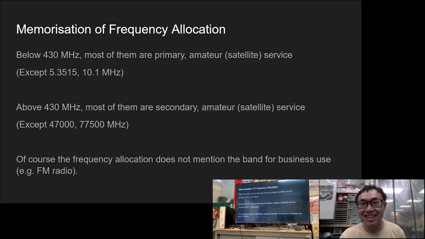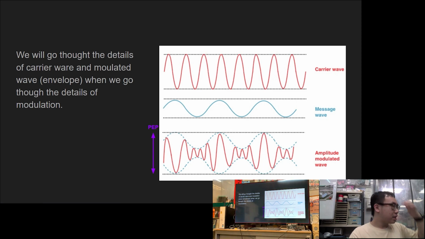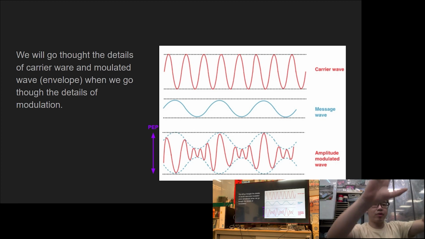What's the purpose of a carrier wave? The carrier wave is to carry something. In fact, our voice cannot be transferred to a very long distance, right? The frequency we can hear is 20 to 2000 hertz, which is very low compared to the wave we use.